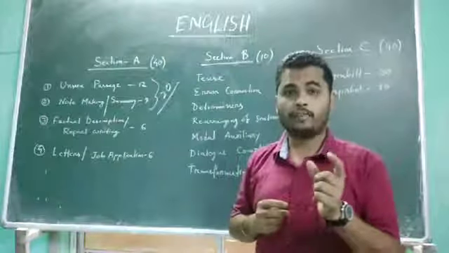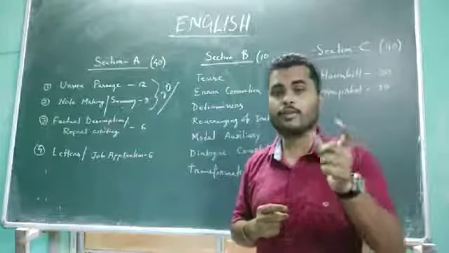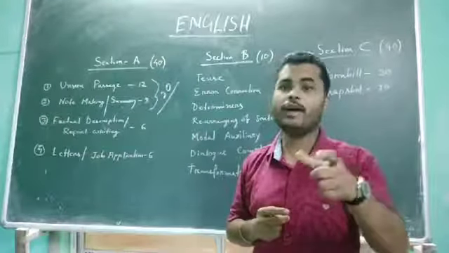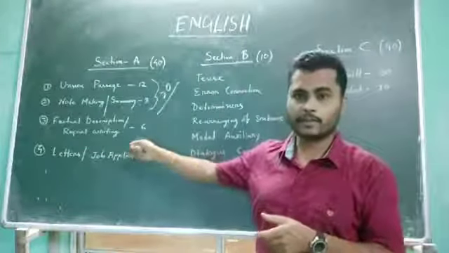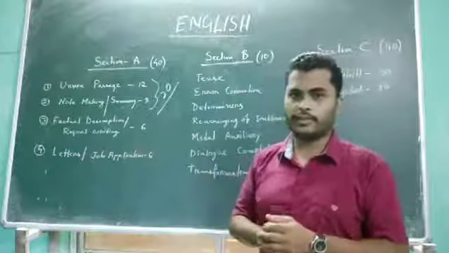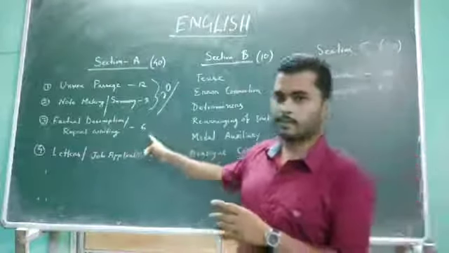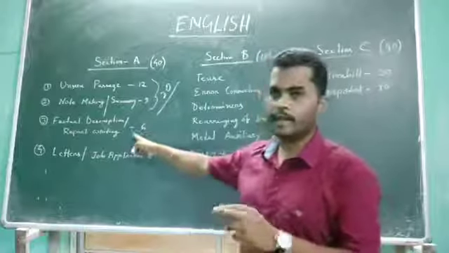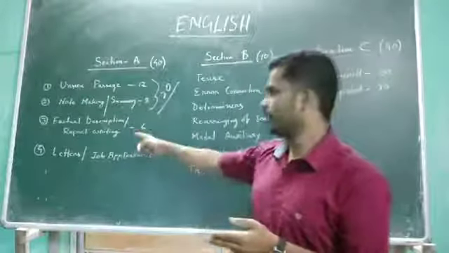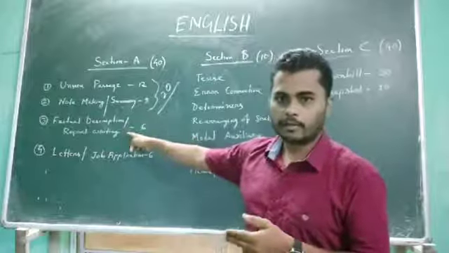So this is called factual description. That means you are going to describe the fact that you have visited or witnessed. And report writing, you have already known about it. There will be 6 marks in report writing and factual description. These two are optional. You will have to attempt any one of these two in the question paper.